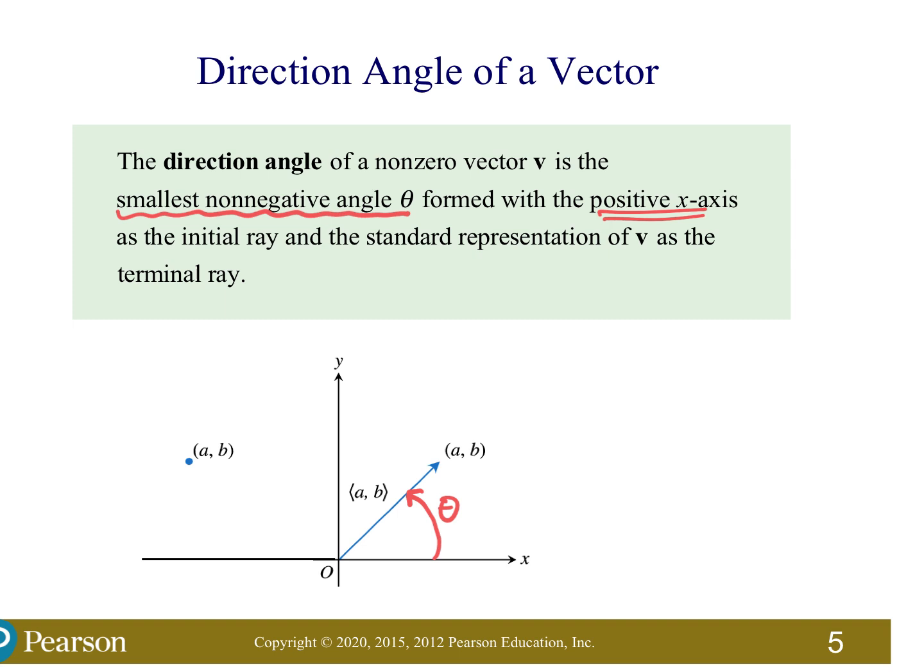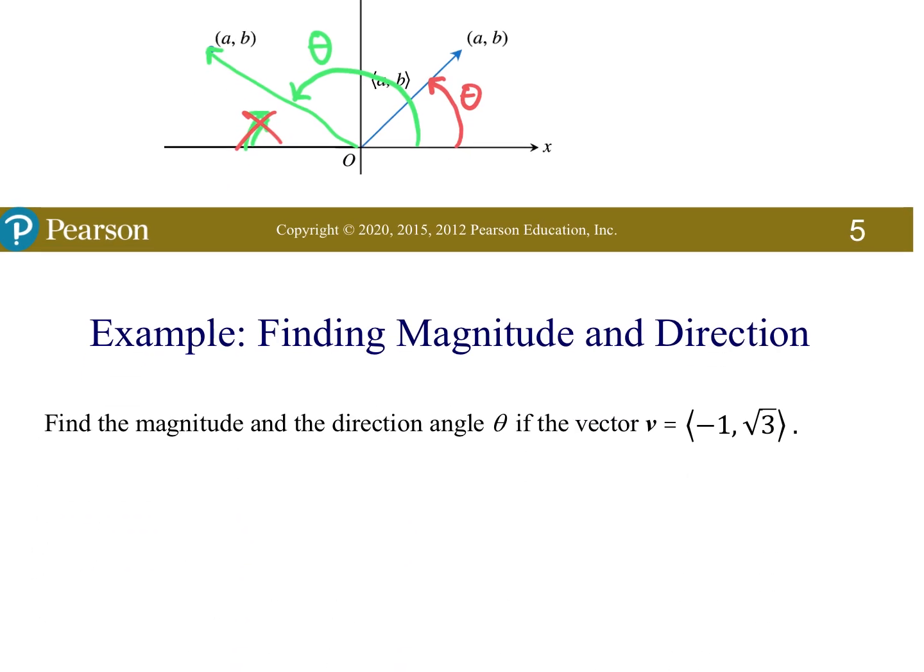But if our vector is in quadrant 2 or one of the other quadrants, the direction is not this direction. First of all, it's going the wrong way, and secondly, it's not going from the positive x-axis, so that would not be correct. It's always from the positive x-axis going in a counterclockwise direction. That's the standard representation for the direction of the vector.